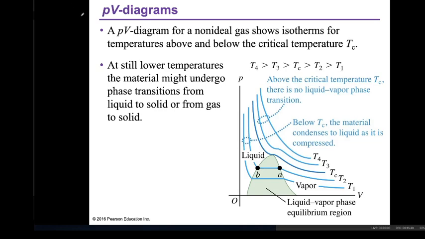Okay, now let's see some more PV diagrams. A PV diagram for a non-ideal gas shows isotherms for temperature above and below the critical temperature. Okay, so here there's a little jump between previous slides and this slide.